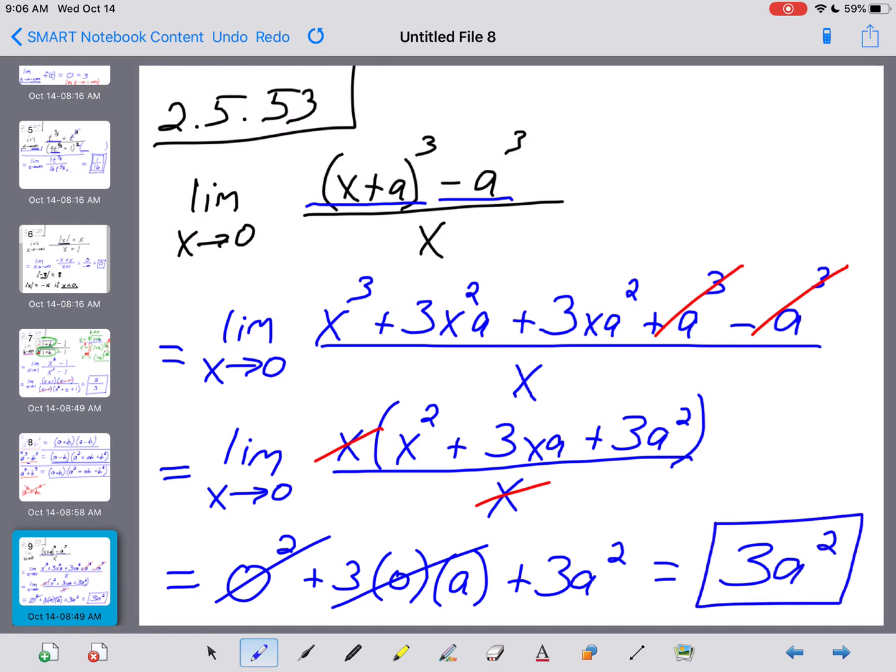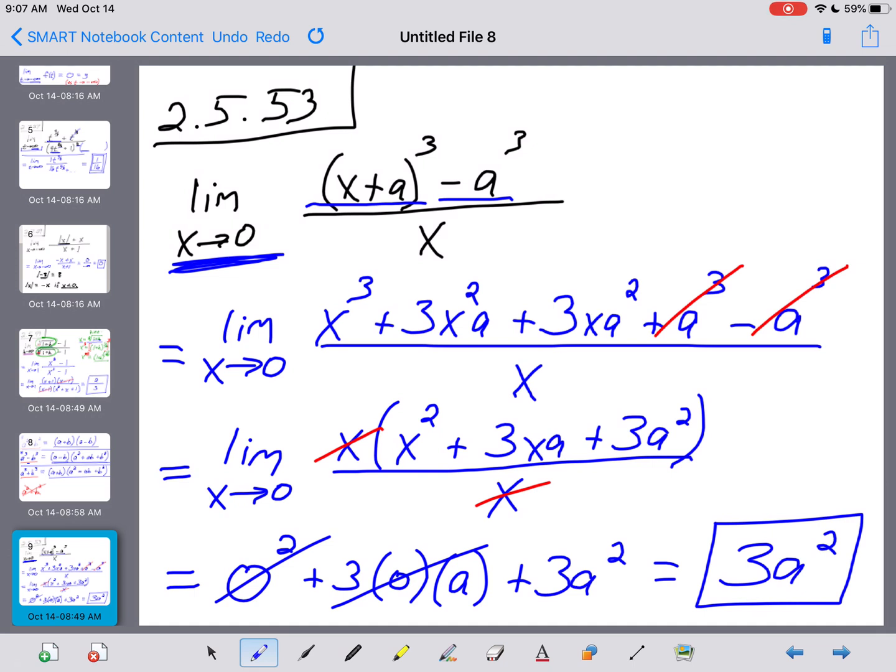Now, if you're a little confused about the format of that answer, let's talk about that. A lot of people will look at a problem like this and say, wait a minute, I thought the answer to these limit problems was supposed to be just a constant, like 7 or 1/3. And so you're a little surprised when you see the letter a in your answer. But I have to remind you that in this problem, x is the only variable, and the a, therefore, is an arbitrary constant. a could be any number that we wanted it to be.